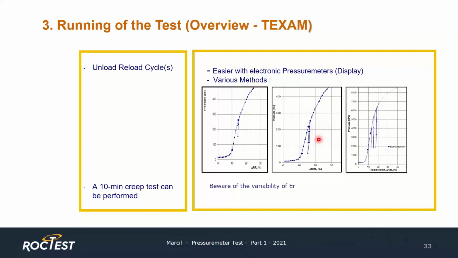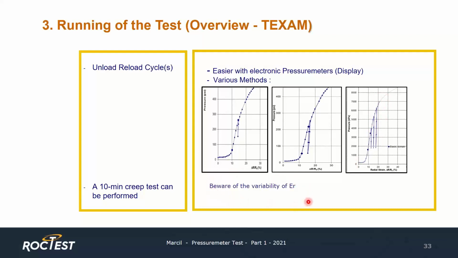Or it is possible to go lower, to reduce the pressure to a point closer to the contact pressure, and to go by steps. It is also possible to repeat these unload reload cycles further along during the test.